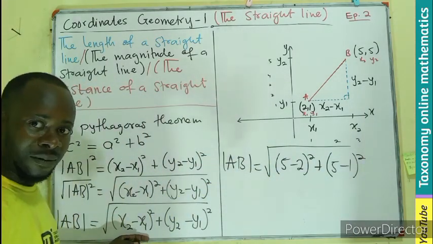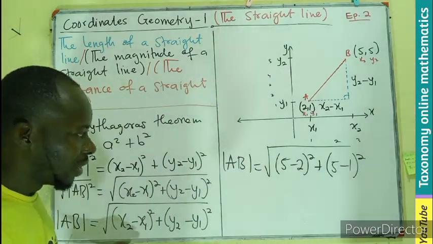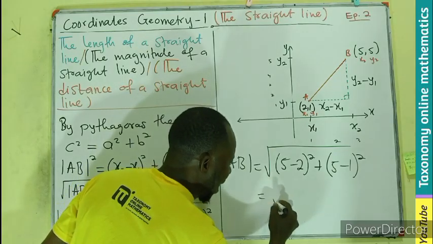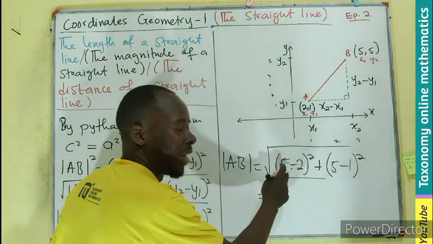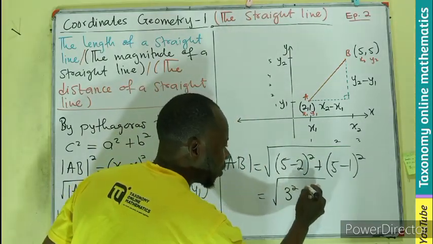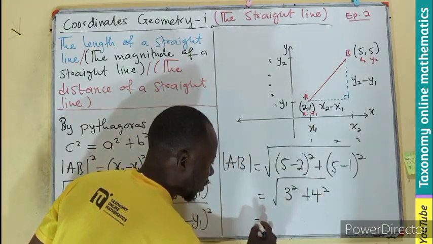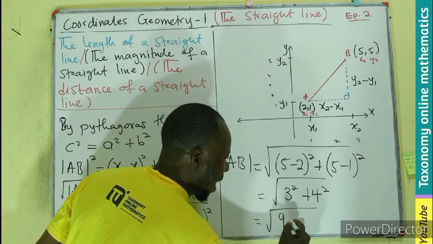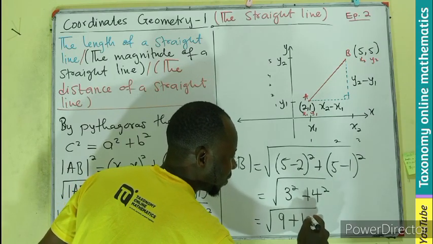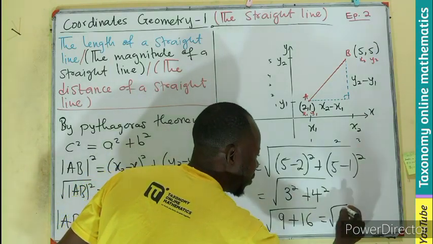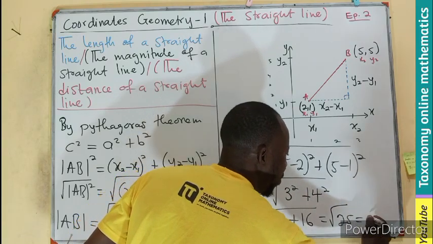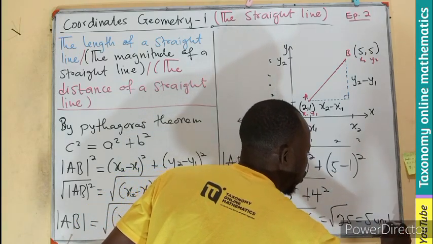After quoting the formula, we can do substitution, right? So fast forward, I can have this to be 3 squared. This will be 4 squared, which will give us 9 plus 16, I guess. That will be root 25 equals 5 units.